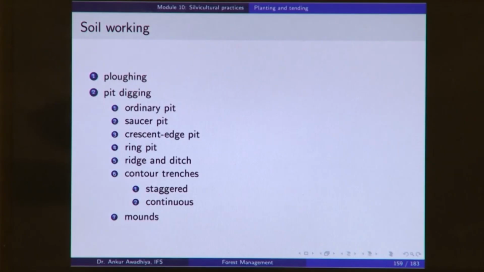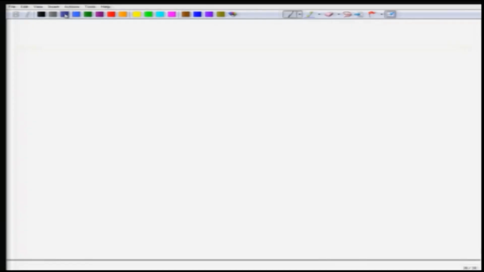Another option is a ridge and a ditch. Now, in a ridge and a ditch, this is also preferred in slopy areas. So, here you have a ridge and here you have a ditch.